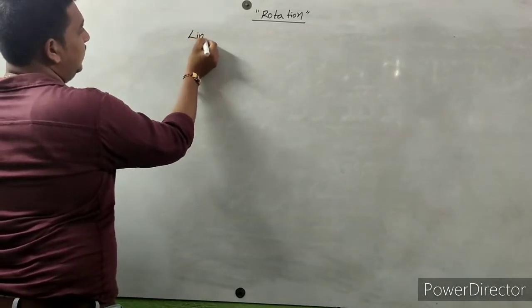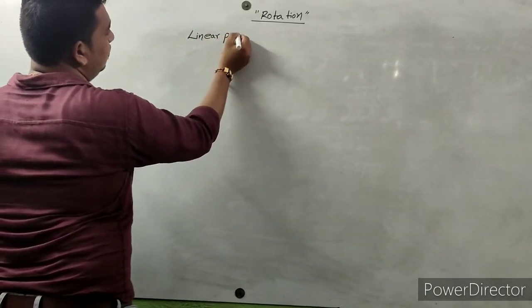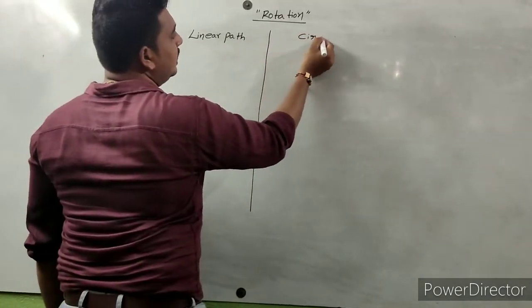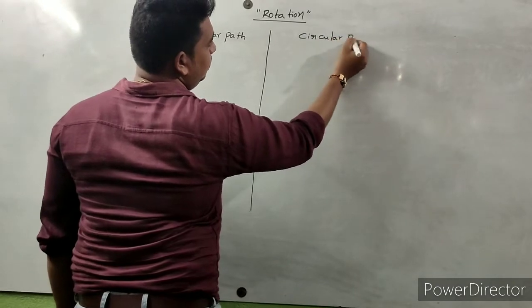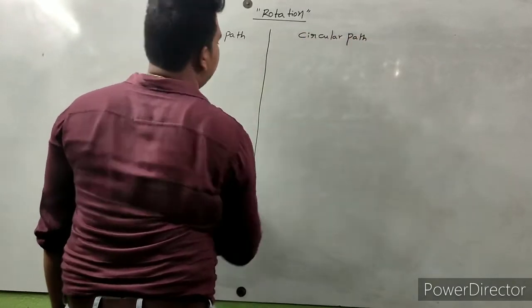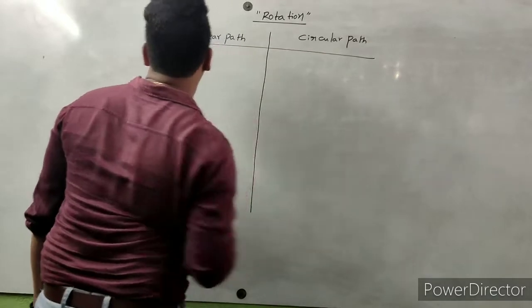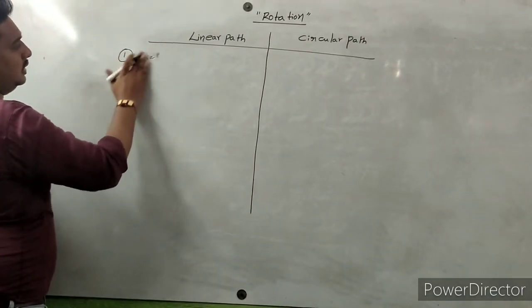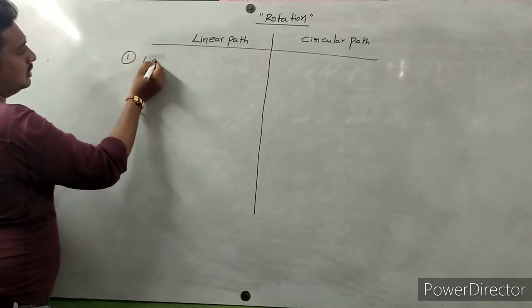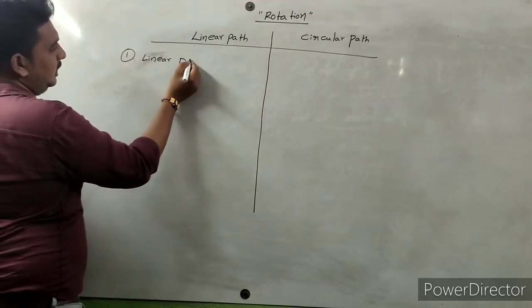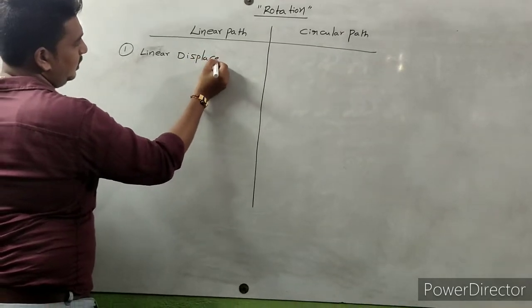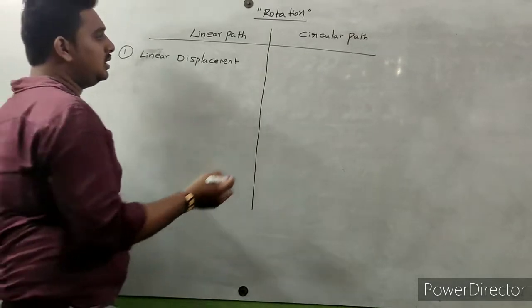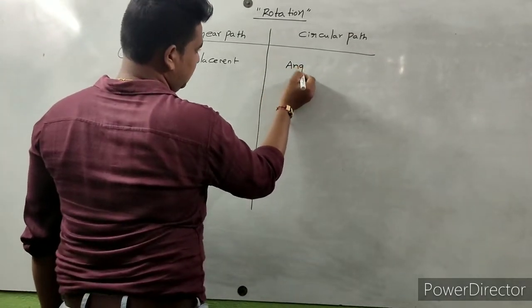In linear path, and the second one is circular path. Here is linear displacement, or displacement. Here, angular displacement.